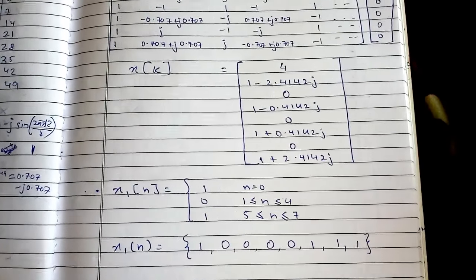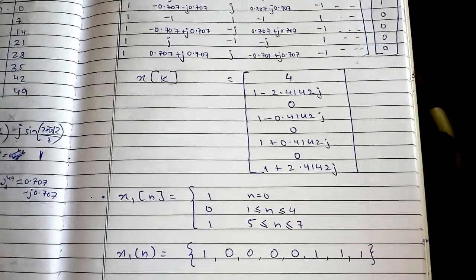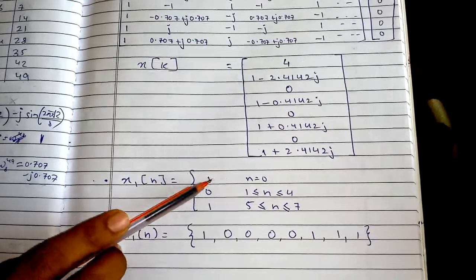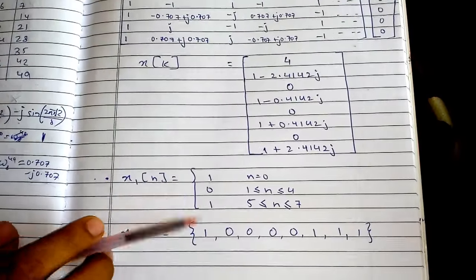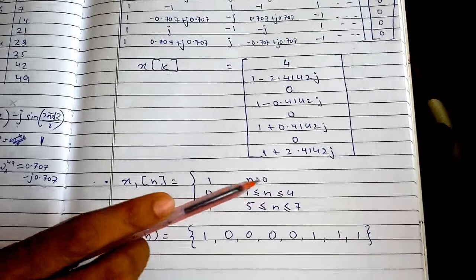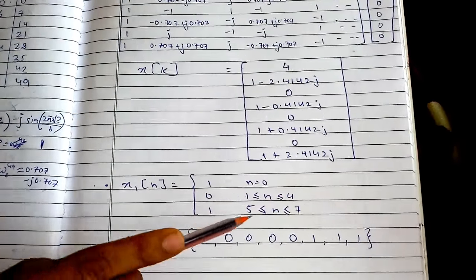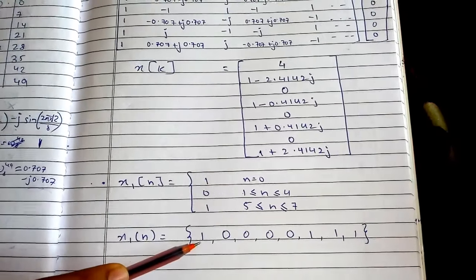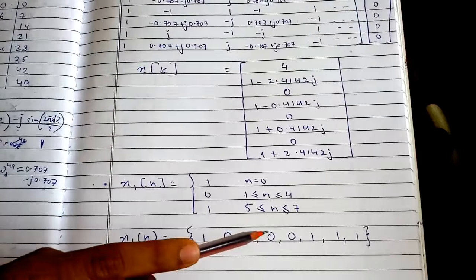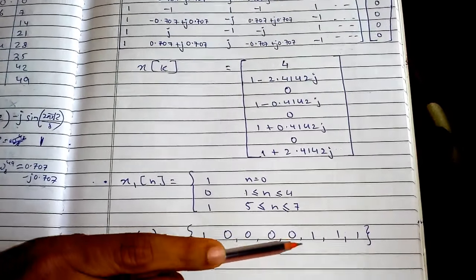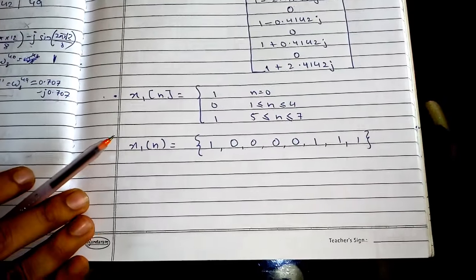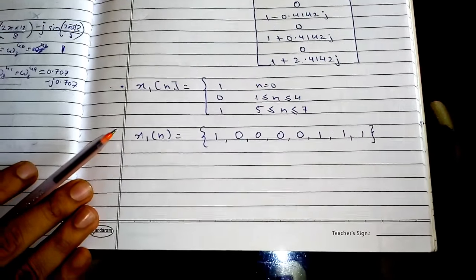Now in this same question, it is given that x1 of n is equal to 1 for n equal to 0, and it is 0 for 1 to 4 both included, and 1 for 5 to 7 both included. So let's write it down. For n equal to 0 I have 1, for 1, 2, 3 and 4 I have 0, for 5, 6 and 7 I have 1. And what is asked?